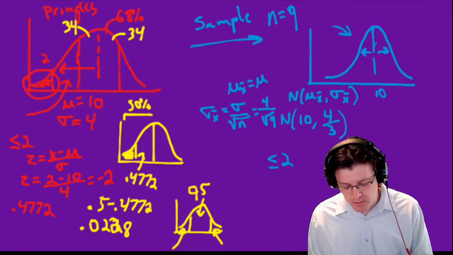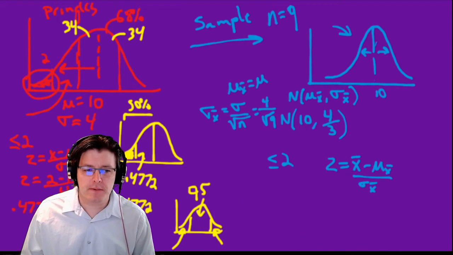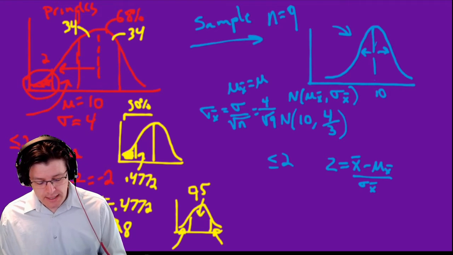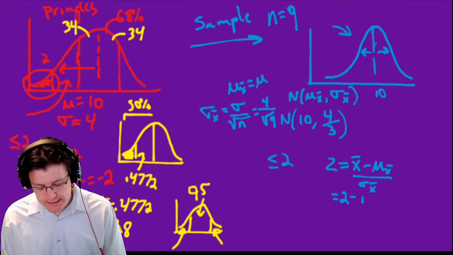Again, we're in the z-score, but this time we are dealing with the sample mean. So the mean that we're interested in here is 2 minus 10 over, what did we just find? It's 4/3.